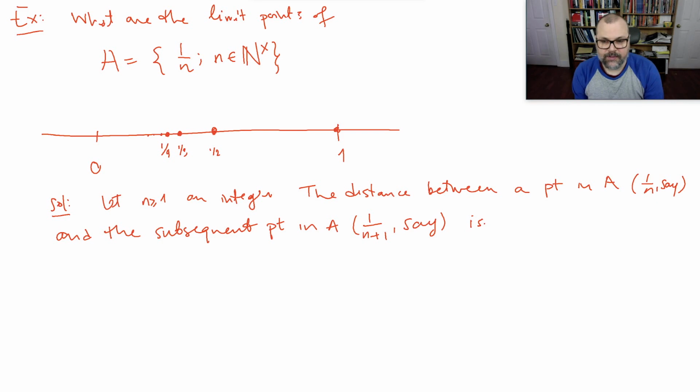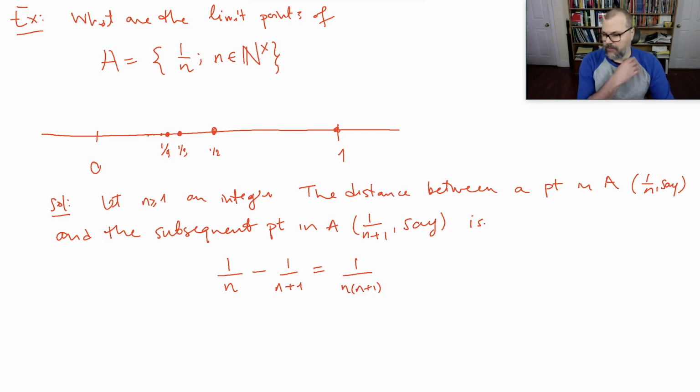Well, this distance is 1 over n minus 1 over n plus 1, which, if you do common denominators, is 1 over n times n plus 1. Now, this is always going to be equal to 1 over n squared plus n, which is itself always going to be greater than 1 over 3n squared. Why is that the case? Well, because 3n squared is always greater than n squared plus n for all n's.